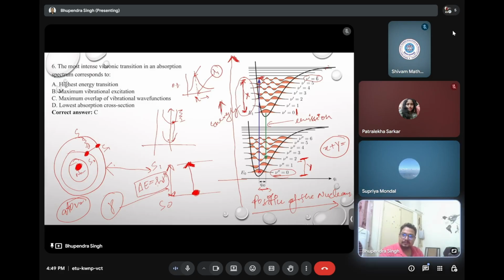Why I am telling you this is because you have said if the nuclear position will be the same, the absorption maxima and emission maxima will be the same, but this is not the case. So an energy difference is there. How much? X and Y. Total energy difference between absorption maximum and emission maximum. What is it called?